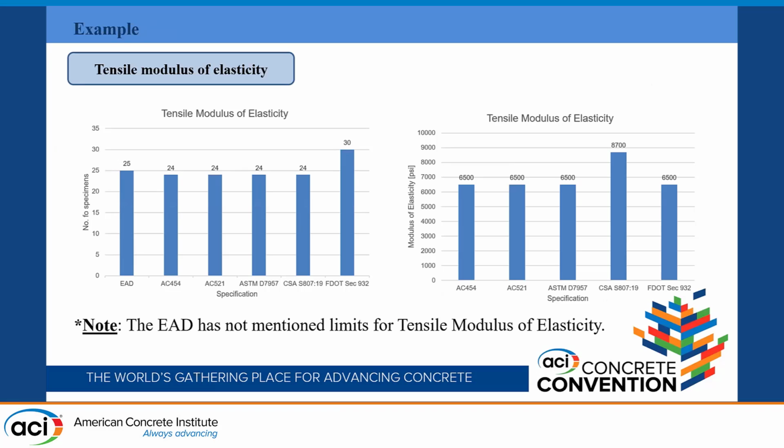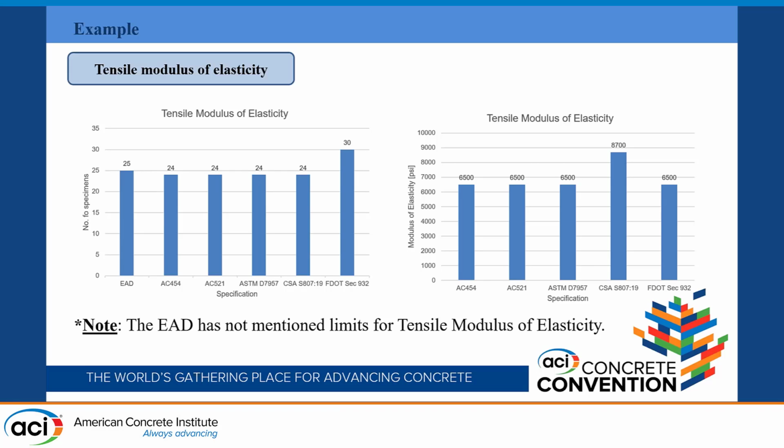So I put some of the differences in these charts that you can see. For the tensile modulus of elasticity, for the number of specimens, you see all these differences here. But you see that these 3 American ones are the same. Also, the CSA is the same. And here you see the limits for the tensile modulus of elasticity.